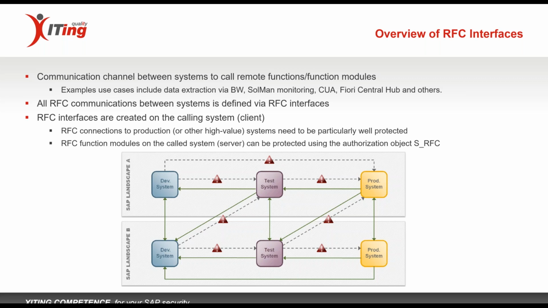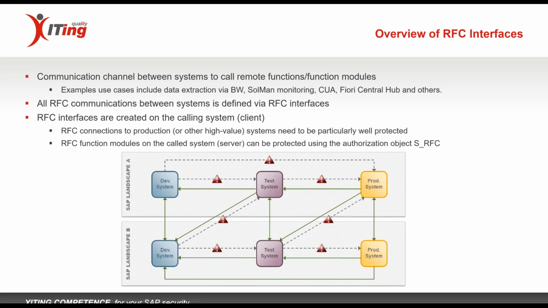There's a central user administration, Fiori Central Hub. If you're using this scenario in an S4 landscape, there's a possibility to use a central hub. This would also be RFC communication, and many, many more scenarios where you have to deal with RFC communication.